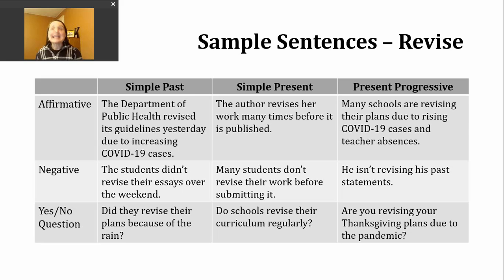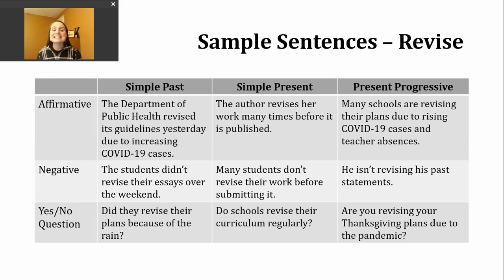As a negative sentence in the simple past tense, I am going to make a pretty significant change. I'm going to use did not, so that's the past tense of do, did not, and then the base verb. So we don't use the ed form in the negative. Sometimes that can be a little confusing for students. So let's look at an example sentence.